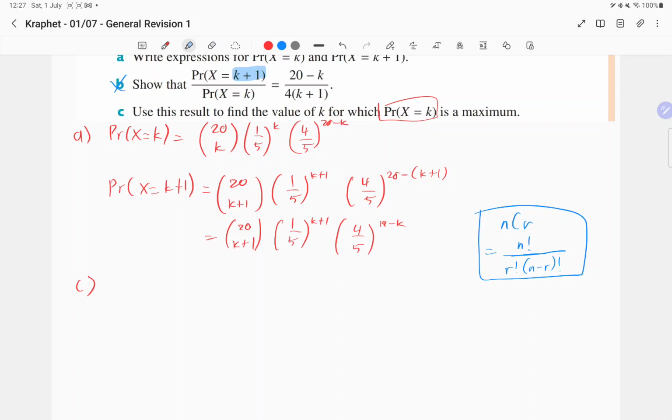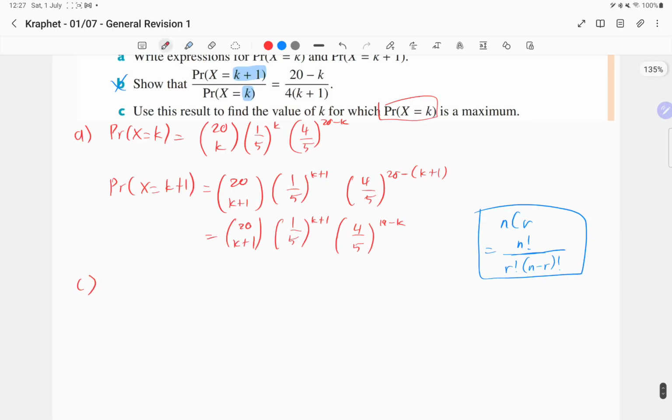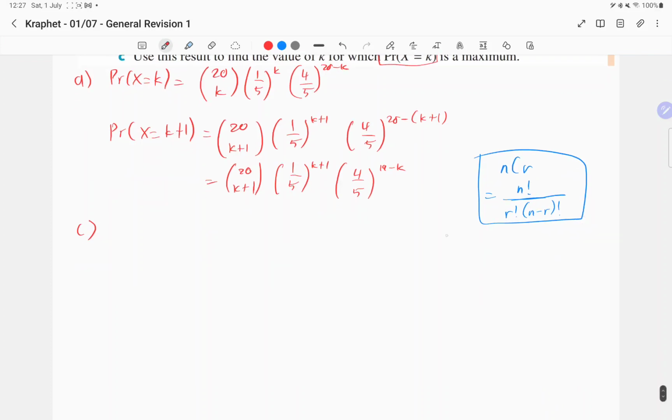Okay, so note that k plus 1 is the number factor. Right? It's 1 after k, and then k is the main one that we're looking at. So if we were to graph it, okay, I'll give you a visualization. So this is what I see. So let's just say this is each value of k, right?